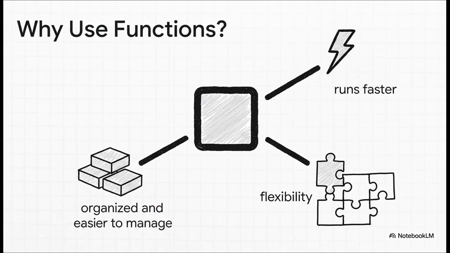So the really crucial thing to get here is that using these functions, these shortcuts, has huge benefits. It makes programs run way faster, it allows for incredible flexibility, and it keeps everything organized and so much easier to manage. Ultimately, it's what allows developers to build amazingly complex applications by just combining these simple, reusable blocks.